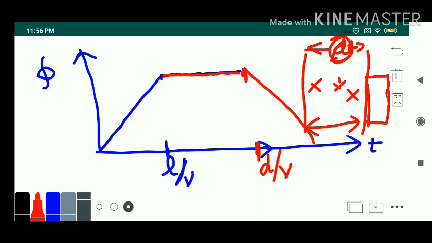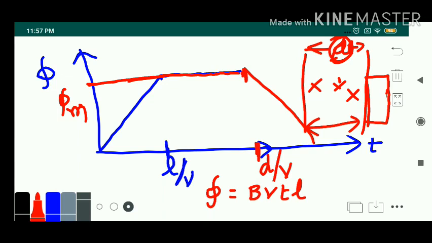Now what is the maximum flux linked? That is this value, phi max, let's say phi m. What is the value of phi m? We have just found the equation: phi is equal to BVtL. Maximum means the time interval is L by v, that is the point where it has maximum flux.